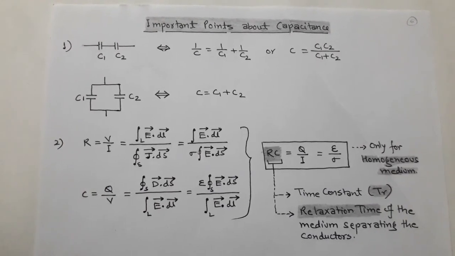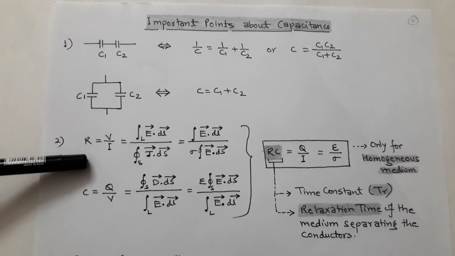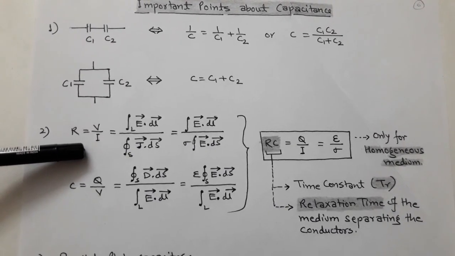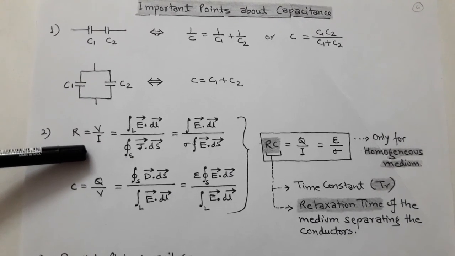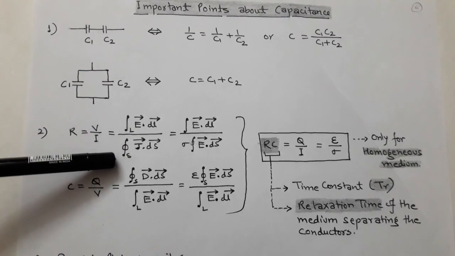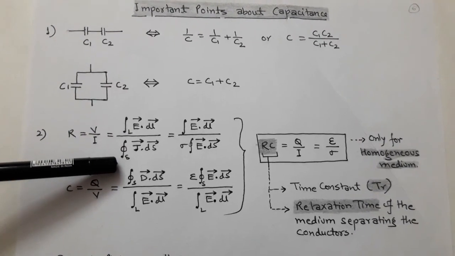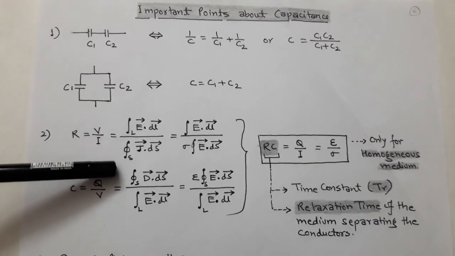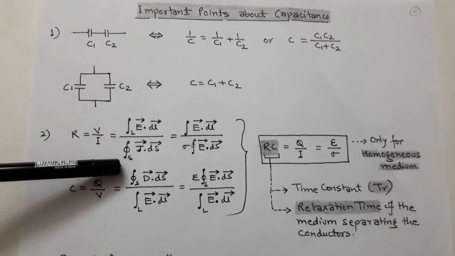Now the second point is resistance. R equals V upon I. This formula is used when the dimensions and specifications are uniform. For non-uniform specification we use integration. So in place of V we can write line integration E dot dl.